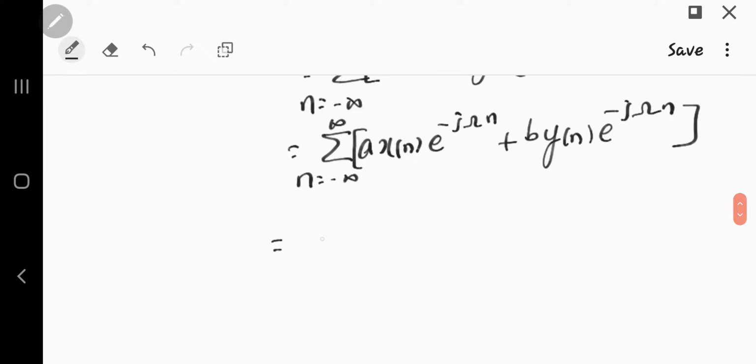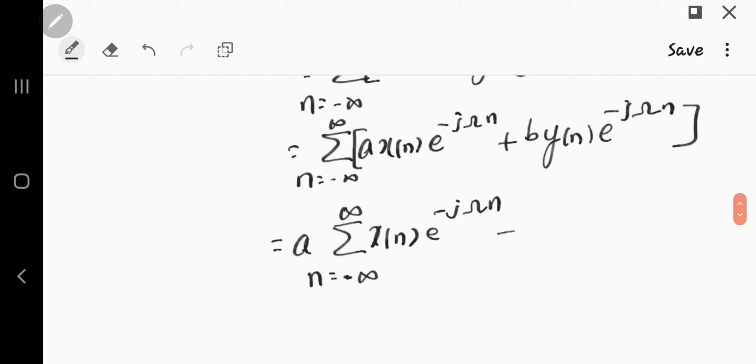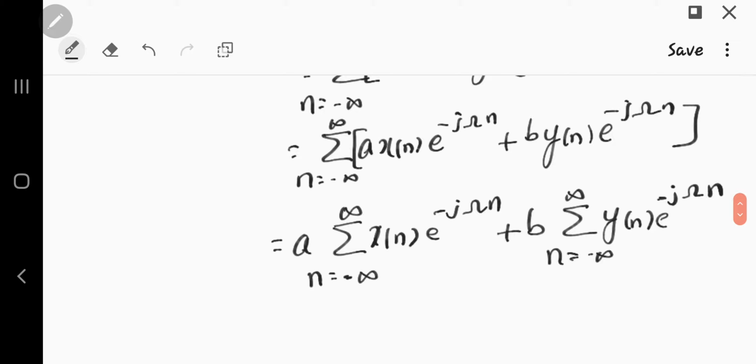If you split this by taking the constants outside, you can write it as a times summation n equals minus infinity to plus infinity of x of n e power minus j omega n plus b times summation n equals minus infinity to plus infinity of y of n e power minus j omega n.